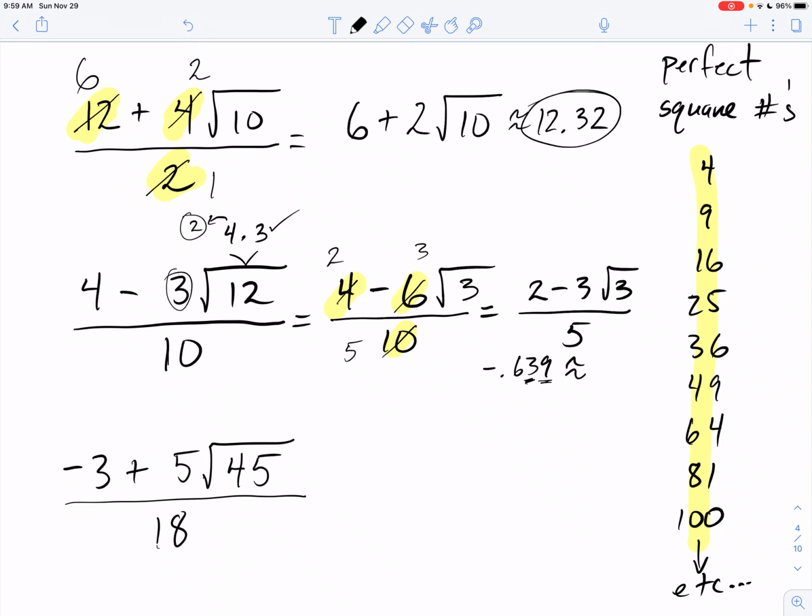So my final answer, if I was checking my work on the worksheet, would be negative 0.64. That's the answer for decimal form. Let's keep playing. Does this simplify?